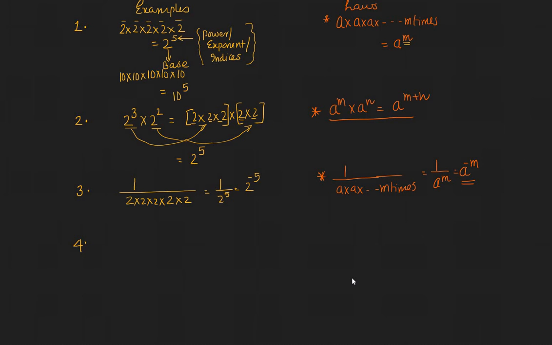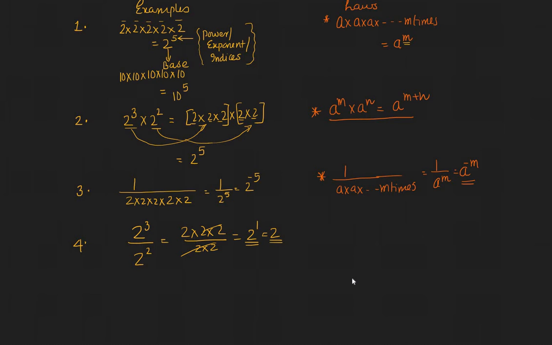The fourth one is more or less an extension of the second one. Let's say you have 2 power 3 divided by 2 power 2, and that's 2 into 2 into 2 divided by 2 into 2, and that's nothing but 2, right? So you can say that's 2 power 1, and that's nothing but 2.